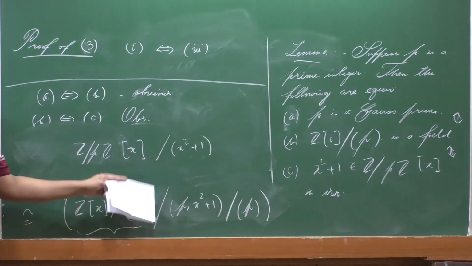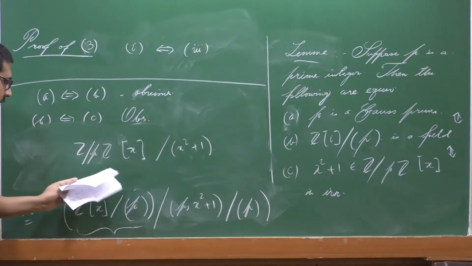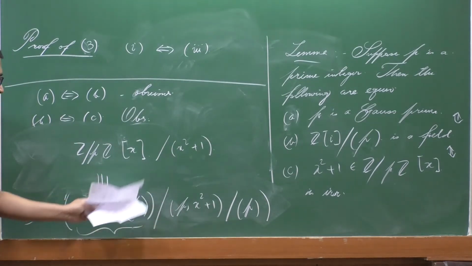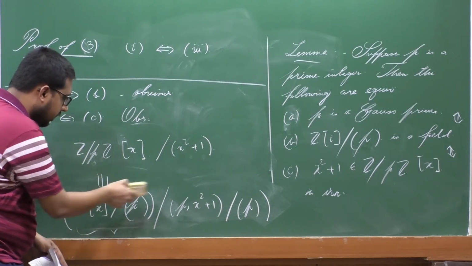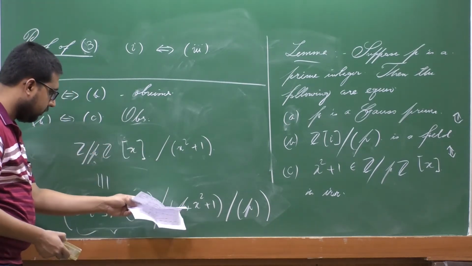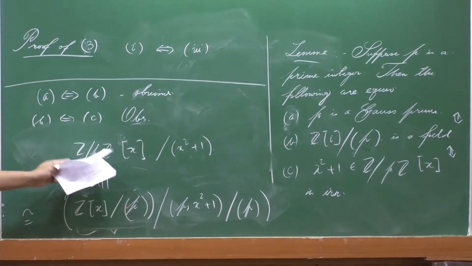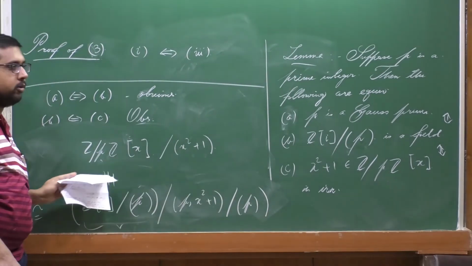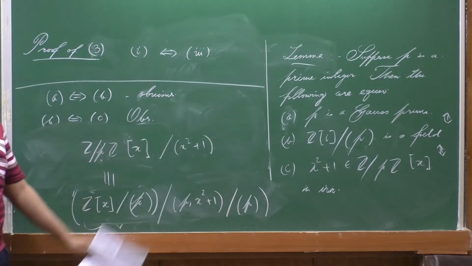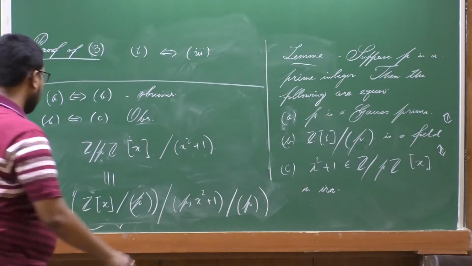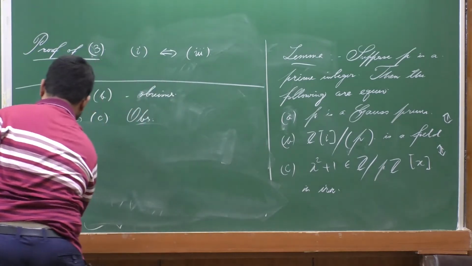So by means of this isomorphism between this and this, you see this ideal now maps to the principal ideal generated by x square plus 1 in this polynomial ring, and this is a maximal ideal if and only if the generator is irreducible. Okay, so the proof of the lemma is now over.